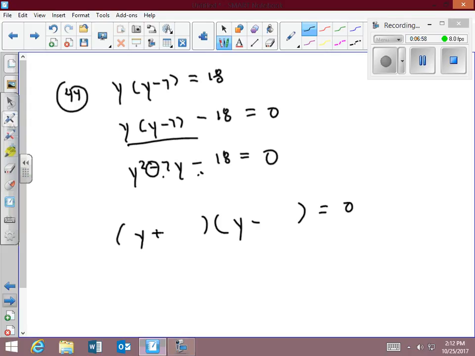This is negative. Where's the 9 go? Negative. Negative 9, positive 2. Now go down at the bottom of your algorithm and apply the principle. Y plus 2 equals 0. Y minus 9 equals 0. So Y has to equal negative 2 or Y equals 9.